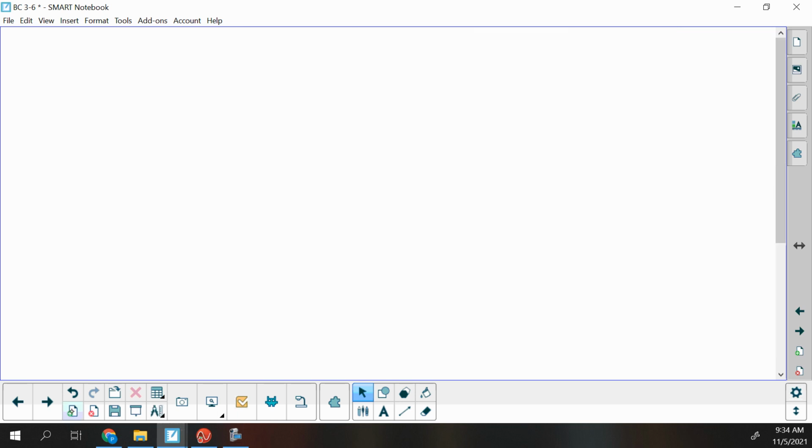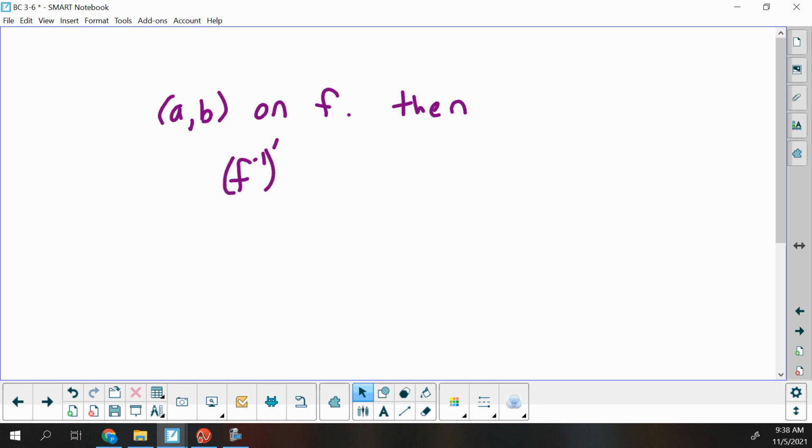So our rule is if we have a point (a, b) on f, then, now the notation for this is a little bit clunky, f inverse prime of b is equal to what?